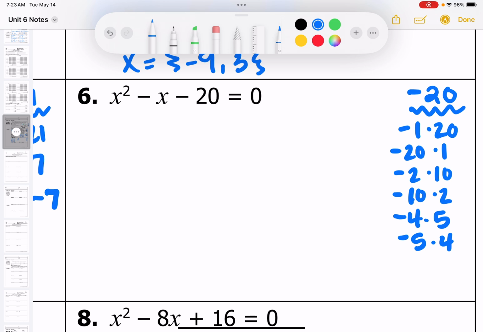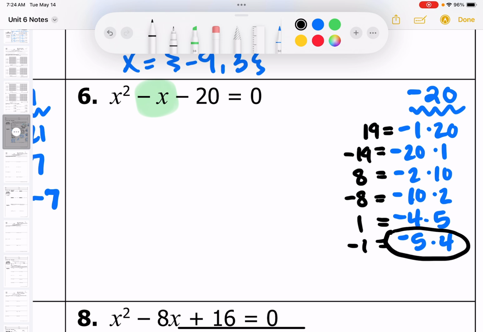All right, so from this list, we want to figure out which ones are going to add together to give me a -1. So this is 19, -19, 8, -8, 1, -1.